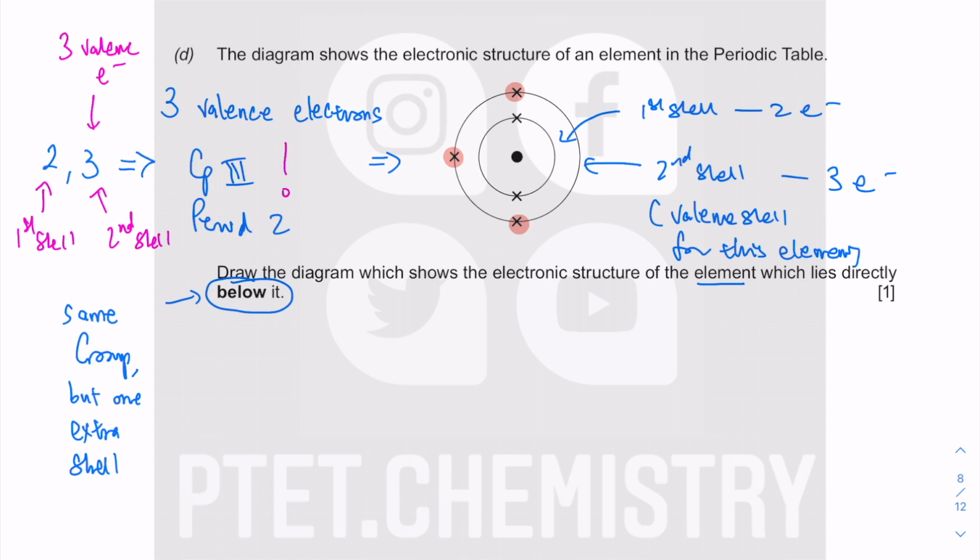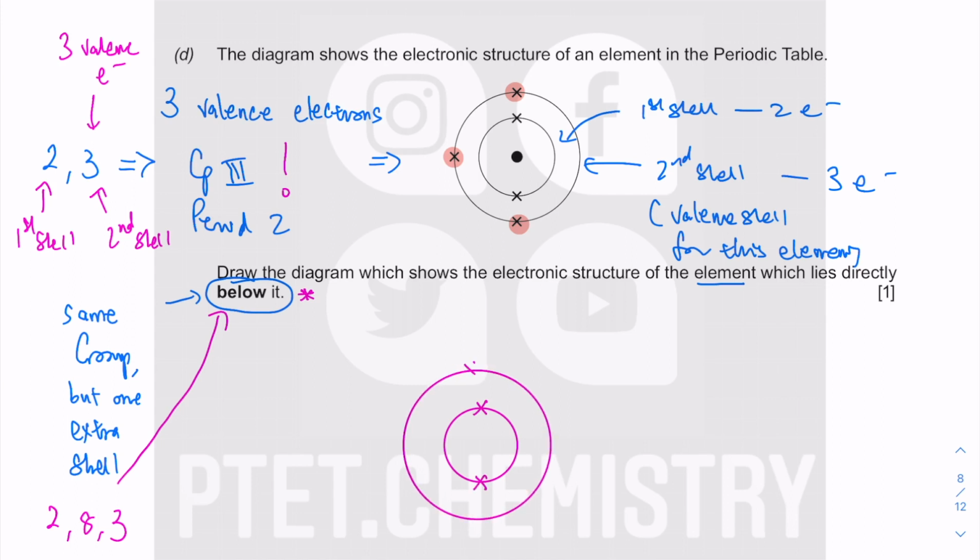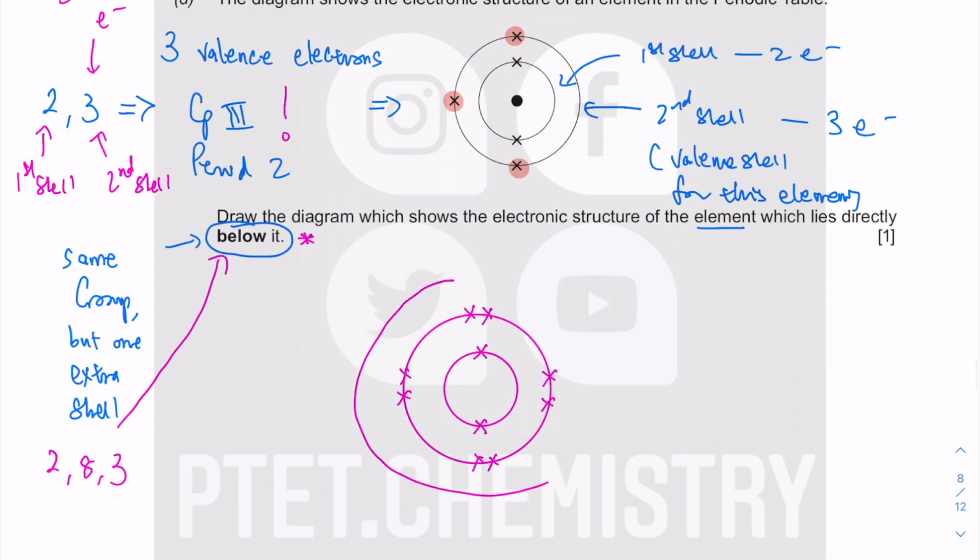Okay, so below it is going to be 2, 8, 3. You want the one below it, so we start by drawing a circle. 2 electrons in the first shell, 8 electrons in the second shell, because the second shell fills up to 8 electrons, and then 3 electrons in the third shell.